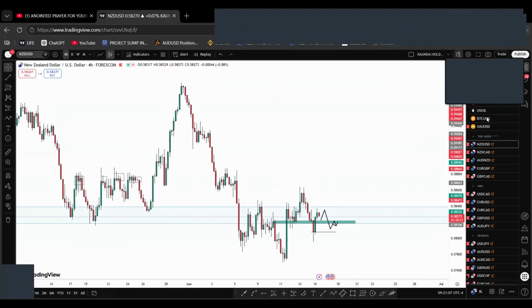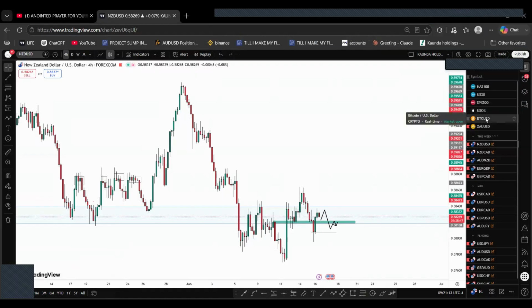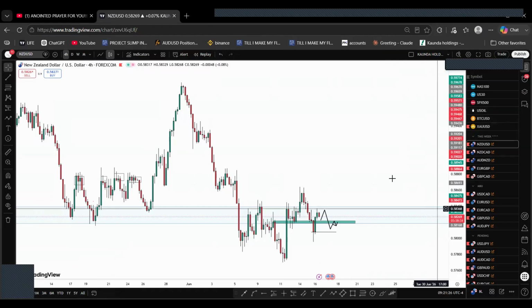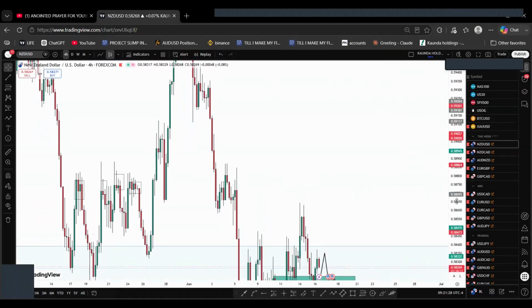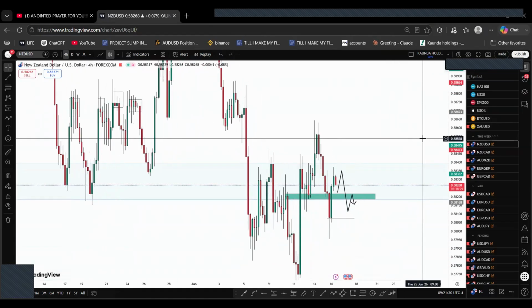So let's just go to what the market does then. As you can see, price has made the retest, just like I told you.